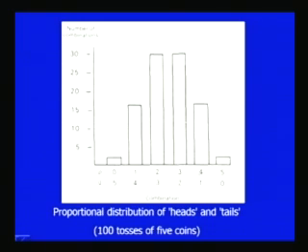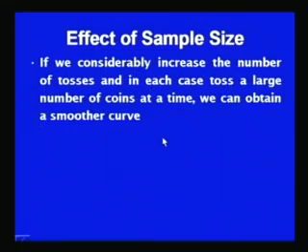If these observations are further increased to large numbers, it will help us see a clearer picture of the way the distribution occurs when a particular activity is carried out. If we considerably increase the number of tosses, and in each toss a large number of coins are used at a time, we can obtain a smoother curve.